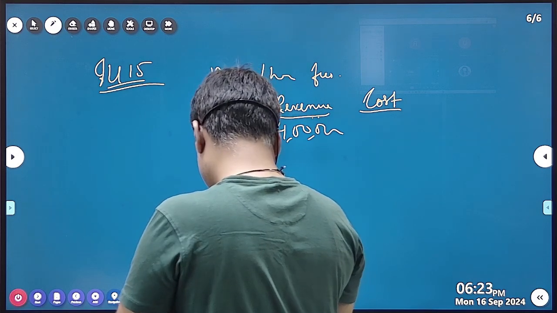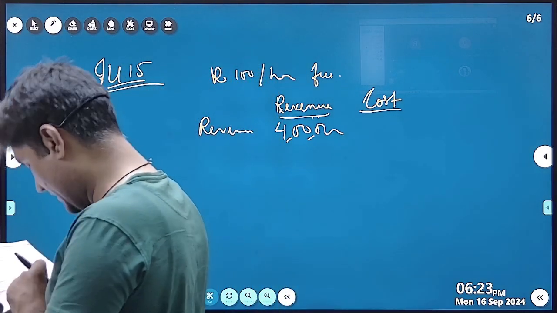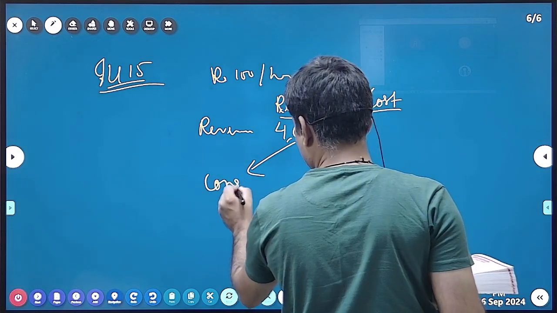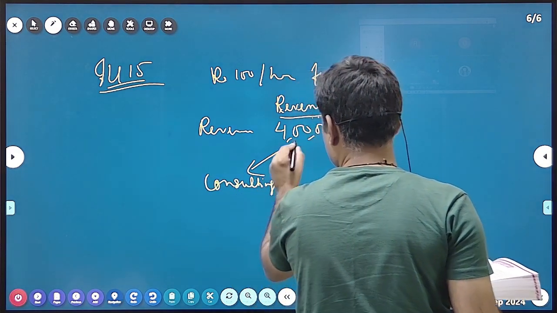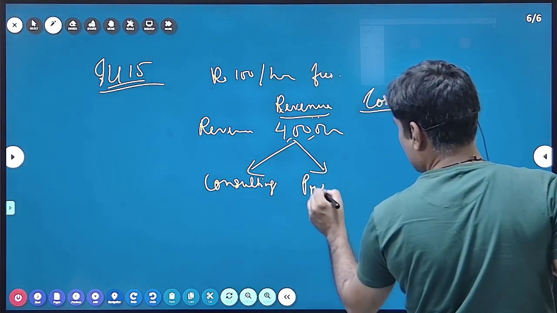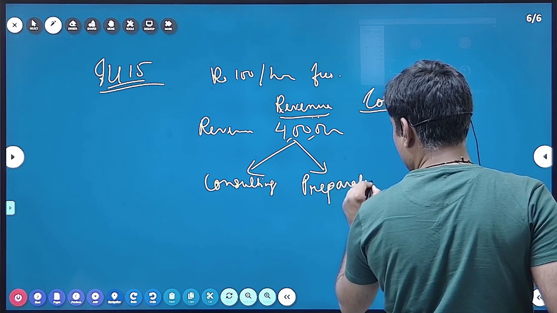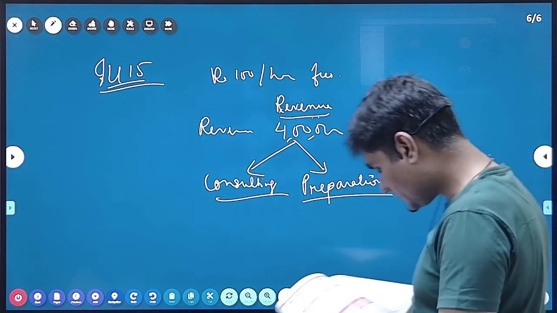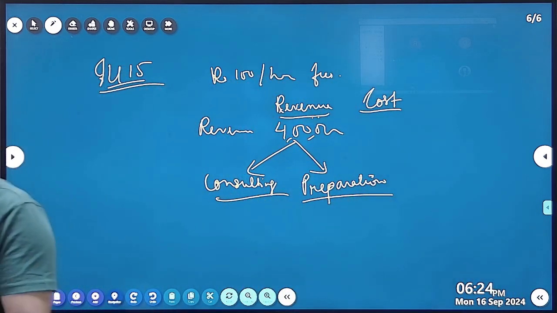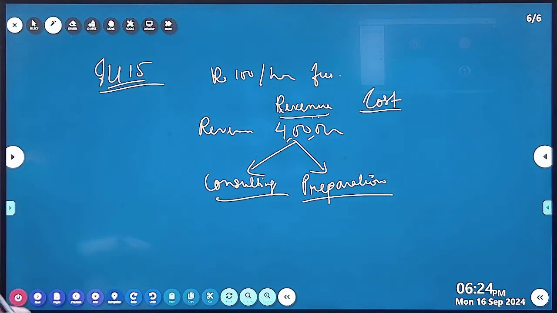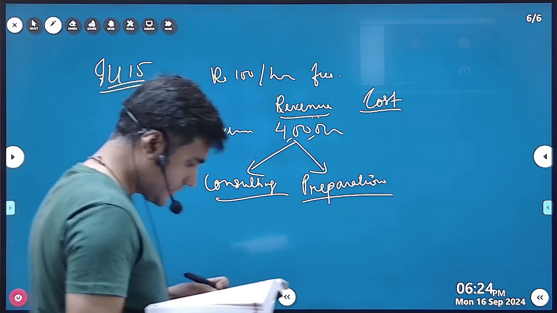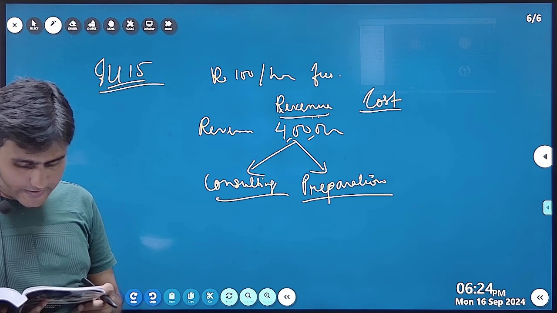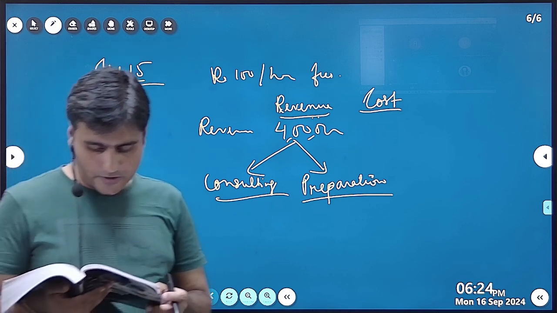There are two services, tax consulting and tax preparation, so we have to divide all the overheads between these two only. Complete the income statement using activity based costing and the firm's three cost drivers.